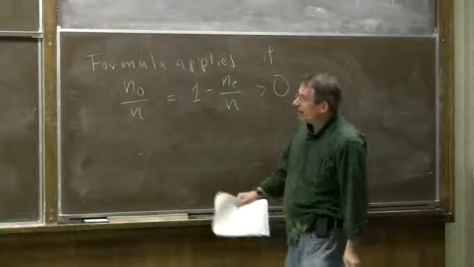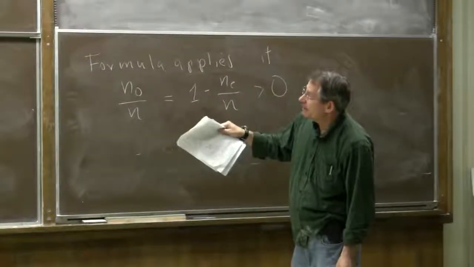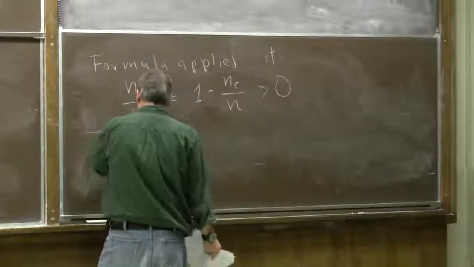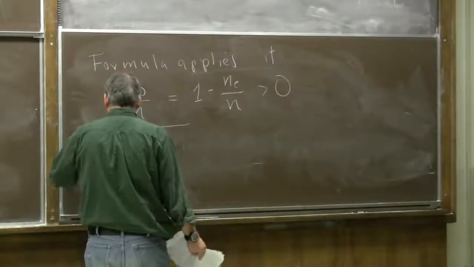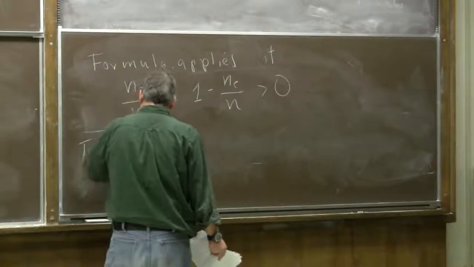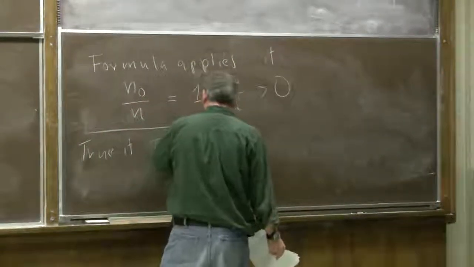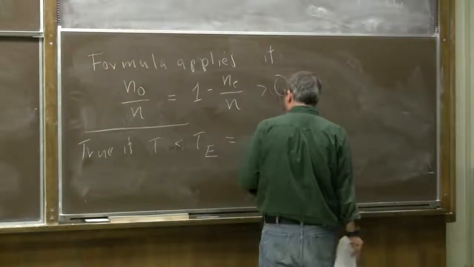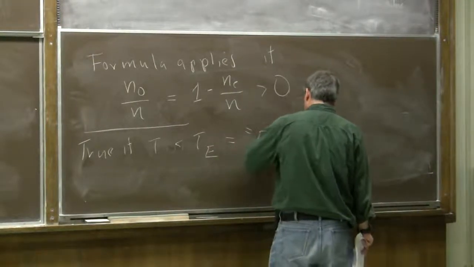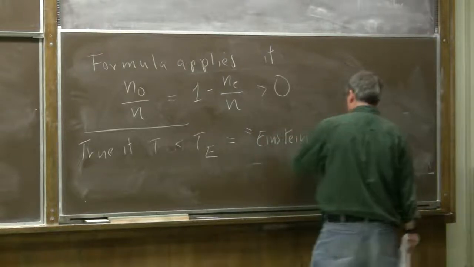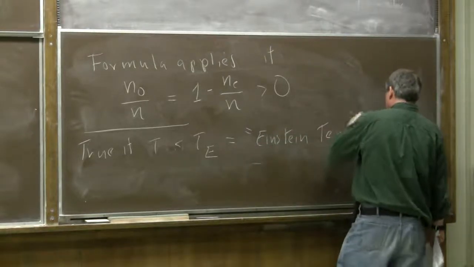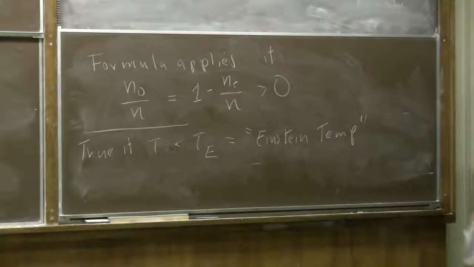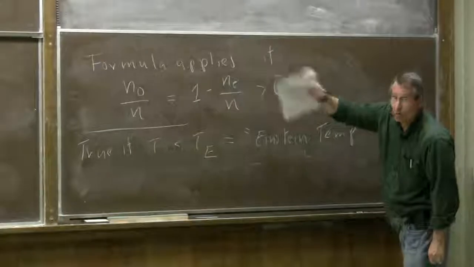And so there will be a value of the temperature, I'll call it tau Einstein, such that this condition will be satisfied if tau is less than tau sub E, the Einstein temperature. I find the Einstein temperature by setting N_E over N equal to 1.